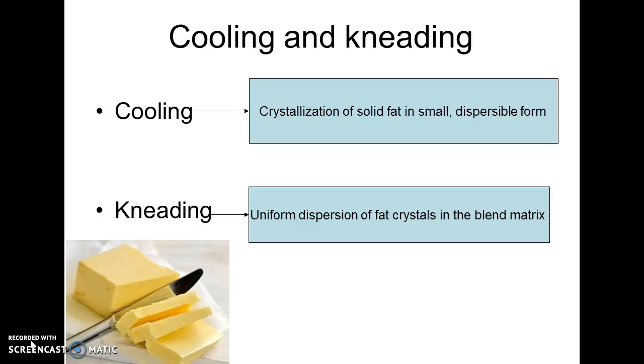This uniform dispersion is very essential to attain the microstructure of the plastic fat, and ultimately here we have shown a definite example of plastic fat. This can be butter or margarine pieces where the plasticity has been incorporated in the natural fats or oil.